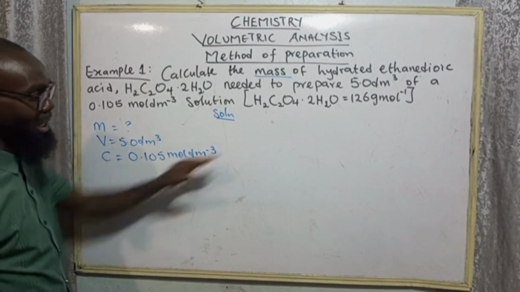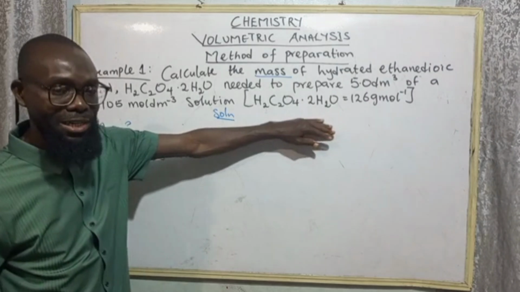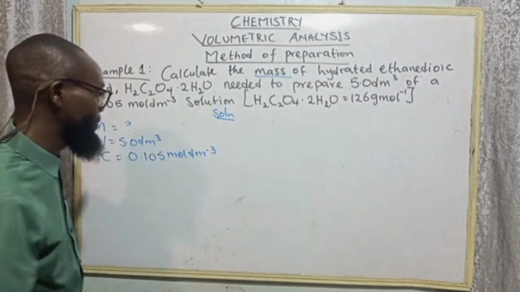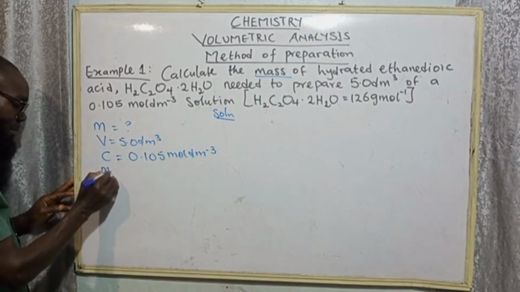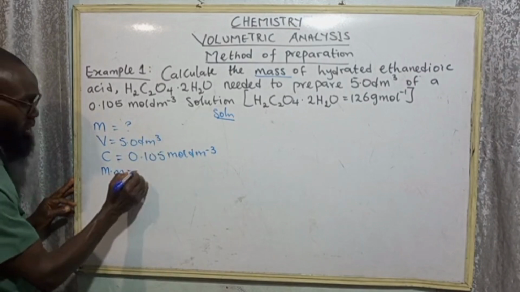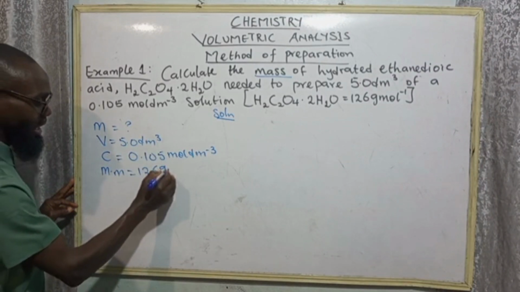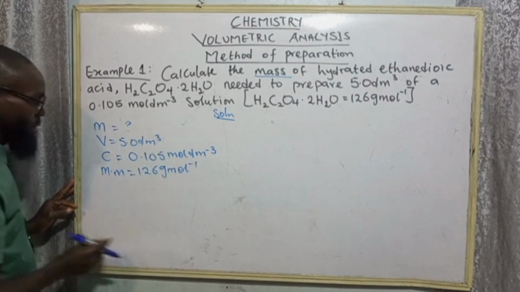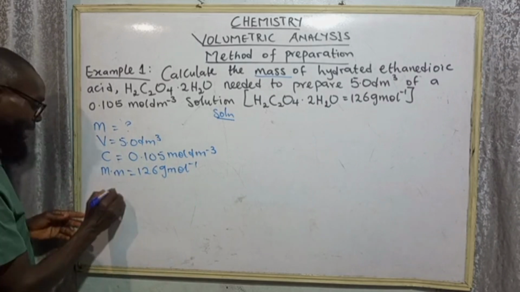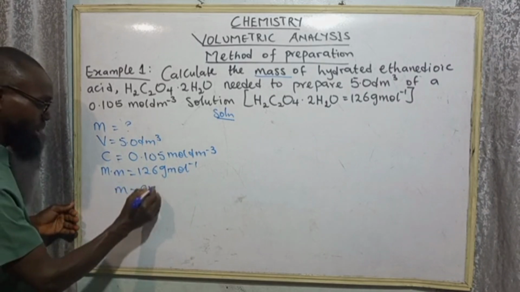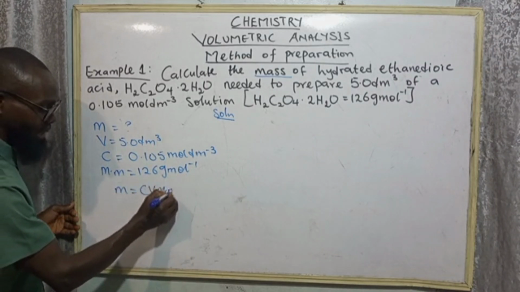Don't forget, we are given the molar mass of hydrated ethanedioic acid. The molar mass, MM, equals 126 grams per mole. From here, our mass equals CV multiplied by molar mass.